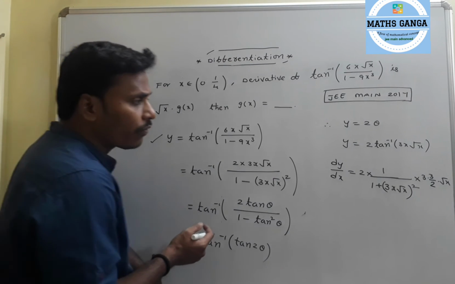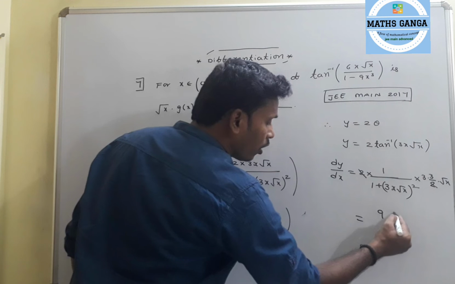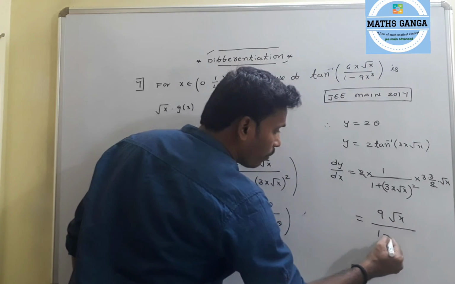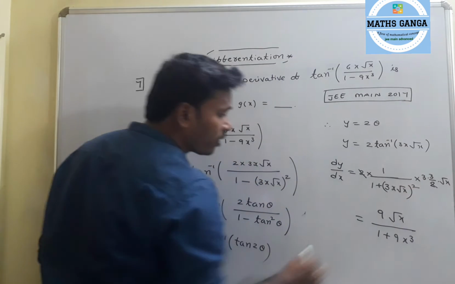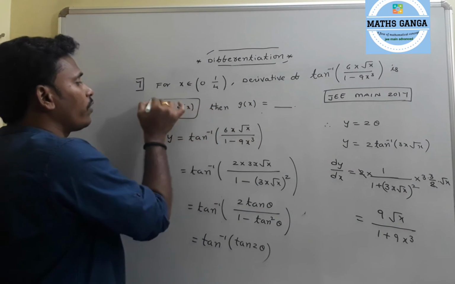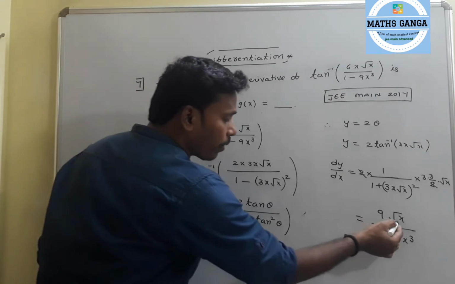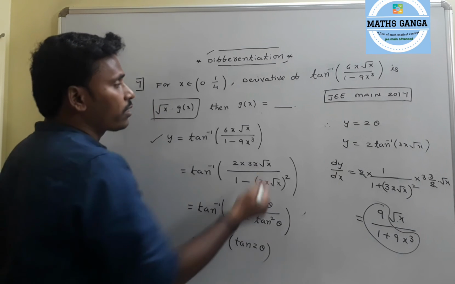Finally, this 2 and 2 get cancelled. We have finally 9 root x divided by 1 plus 9x cube, since x square and root x square is x, giving 9x cube. The question is about finding g of x, since the derivative is root x into g of x. If you separate this root x, then 9 by 1 plus 9x cube is g of x.